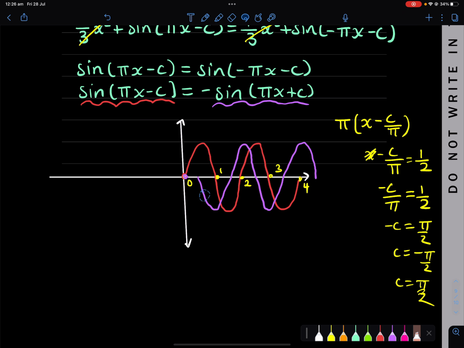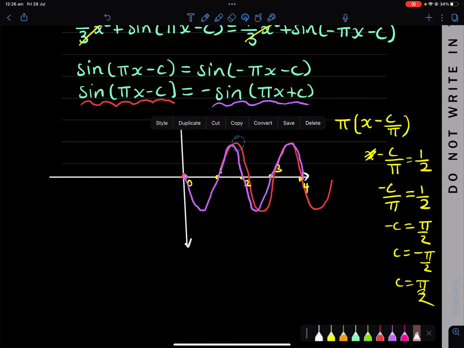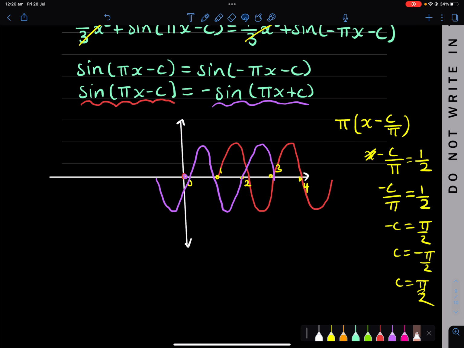If I put these all back together and say now through pi over 2, so 2 times pi over 2, so integer values of pi over 2, what would happen? This one over here will go right 2 times. Oh, sorry, let me put that back.